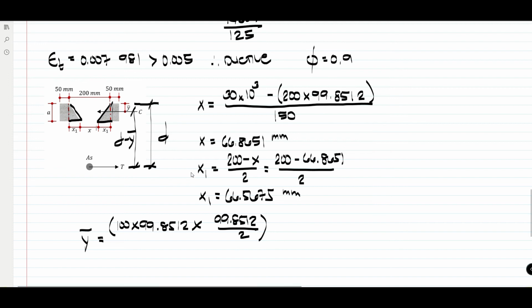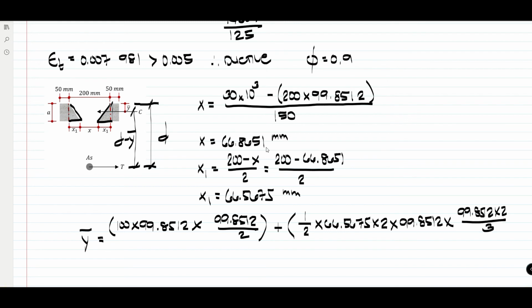So, that will be plus 1/2 times yung base nila, which is 66.5675 times 2, kasi dalawa yung base na yon, times yung height, which is yung a, which is 99.8512, times yung centroid ng triangle papunta dun sa taas. So, that is 2/3 ng a. So, that is just 99.8512 times 2 divided by 3.